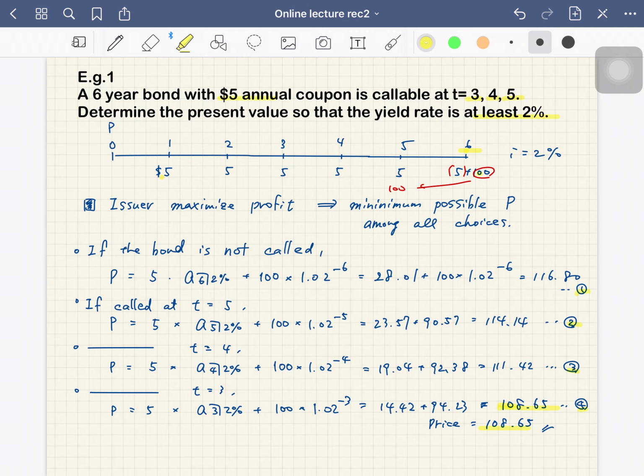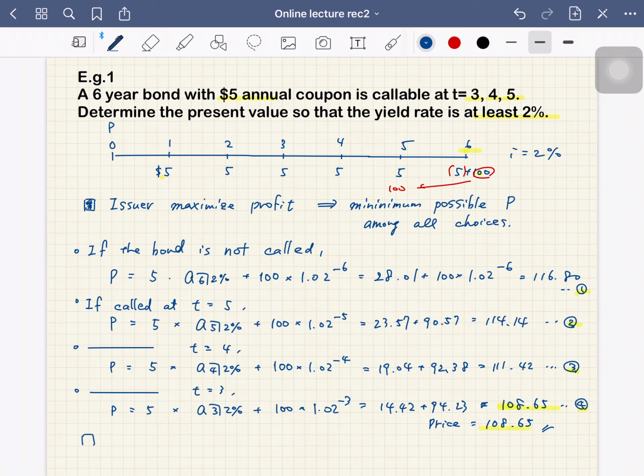So basically, the issuer wants to stop paying coupon as early as possible. So because of this argument, actually you can immediately decide that t equal to 3 is optimal. So in some questions, this is less clear. But for this question, if you get used to the examples, then you can immediately see t equal to 3 is the best.